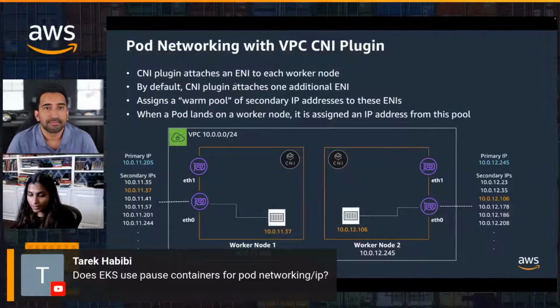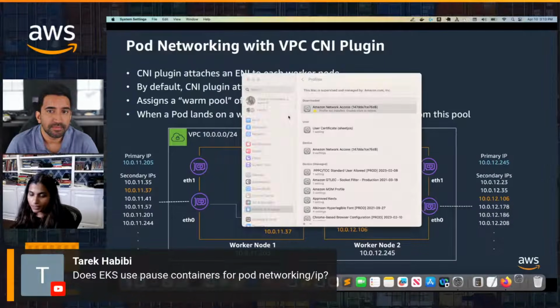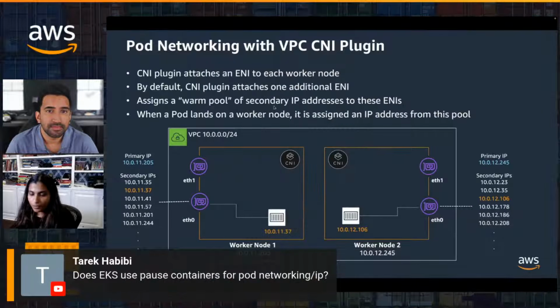The CNI plugin attaches an ENI to the worker node. And there are also settings called warm pool settings, which we call the warm ENI target, the warm IP target, or the minimum IP target that you can configure, right? So what IPAMD is doing is looking at those values and then maintaining a warm pool of secondary IP addresses.